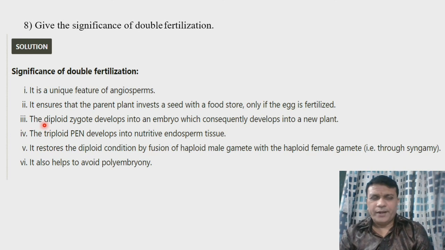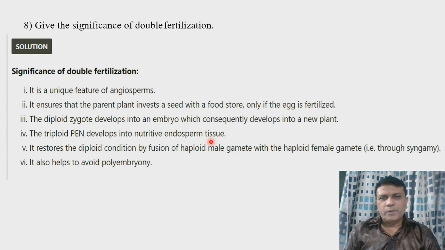Then the next point is the diploid zygote develops into an embryo which later on develops into a new plant. Then the product of second fertilization, that is triploid primary endosperm nucleus, develops into a nutritive endosperm tissue. You know that endosperm provides nourishment to the developing embryo.